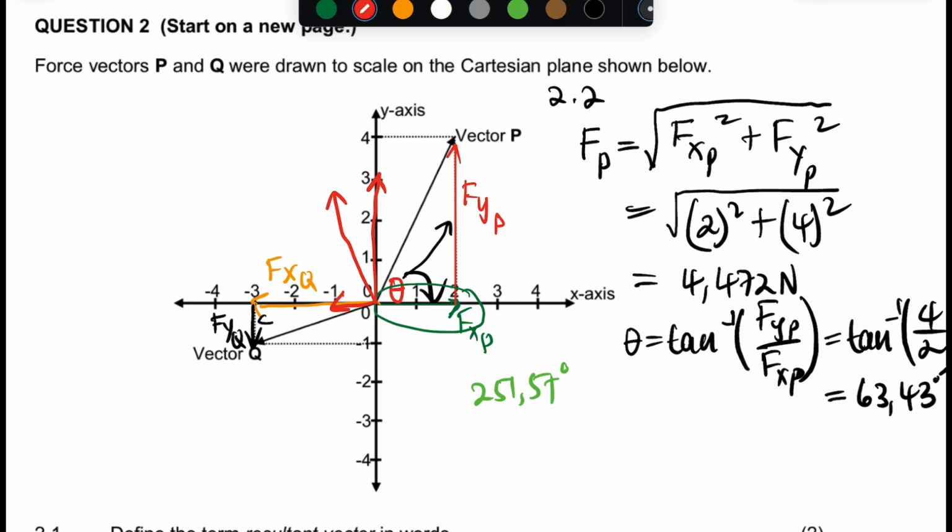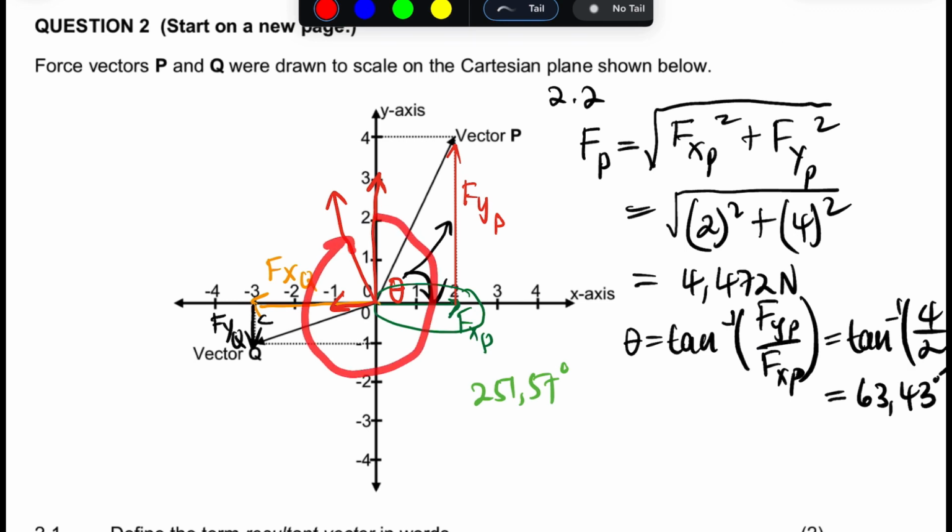So they want the direction measured from the positive y-axis clockwise. So they wanted this angle from here, so it's going to be 180, 270, and that. So the angle is more than 270.